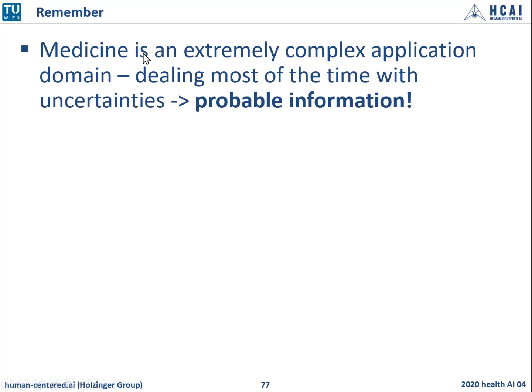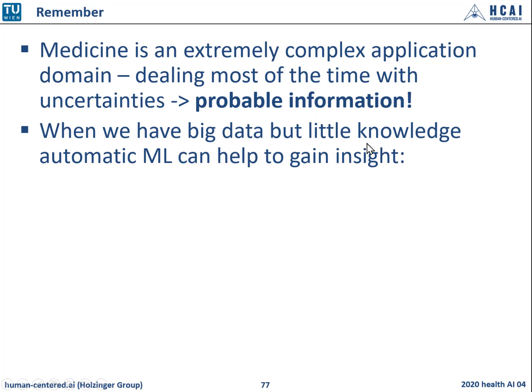Okay, remember please, hot topics. Medicine is an extremely complex application domain, dealing most of the time with uncertainties. So we are always confronted with probable information. Most often we have big data but little knowledge, sometimes we have small data and little knowledge.